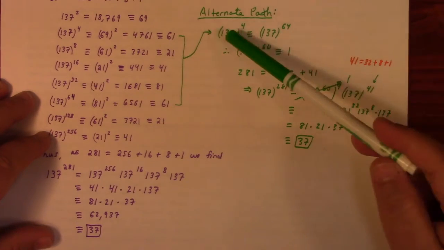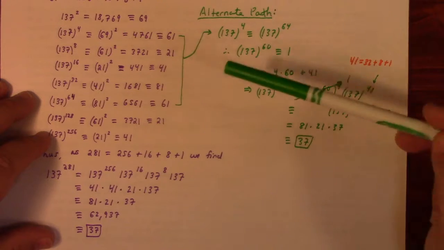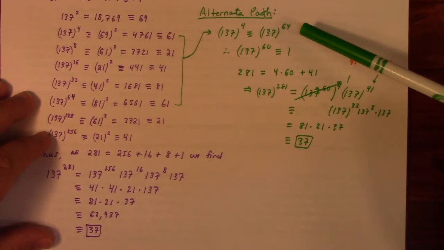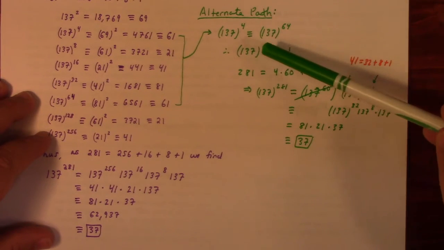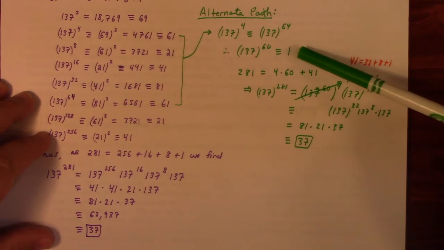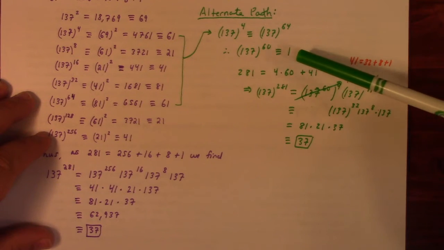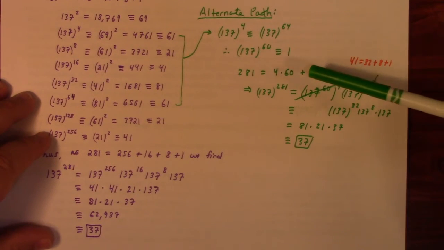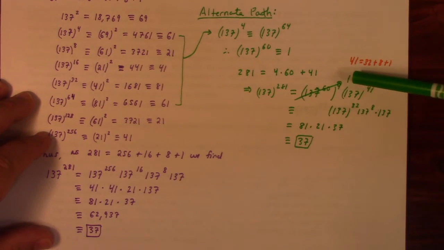So the alternate path is when you see two things match up when you're doubling things. That means in this case that the 4th power is congruent to the 64th power of 137 mod 100, which means that the 60th power of 137 is congruent to 1. And so if I take my 281 and divide by 60, division algorithm, I get 4 times 60 plus 41, which means I can drop the 137 to the 60th to the 4th power.